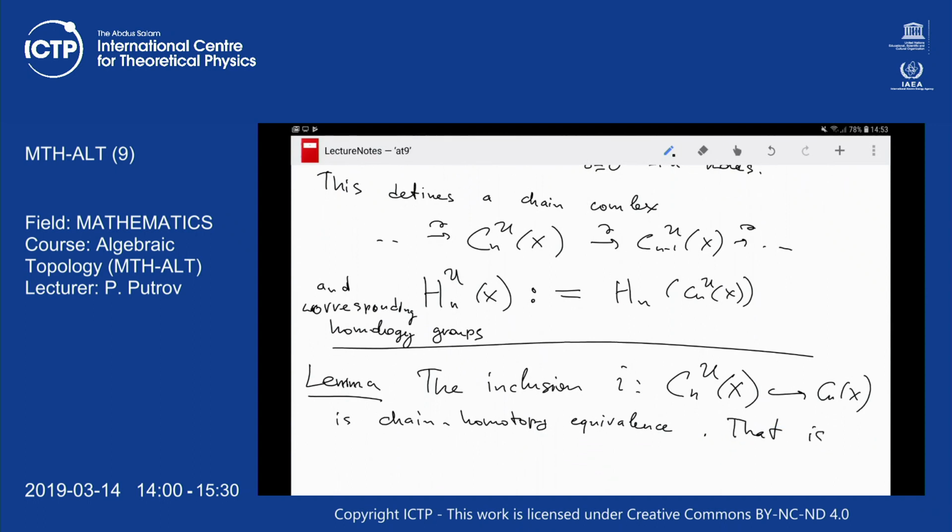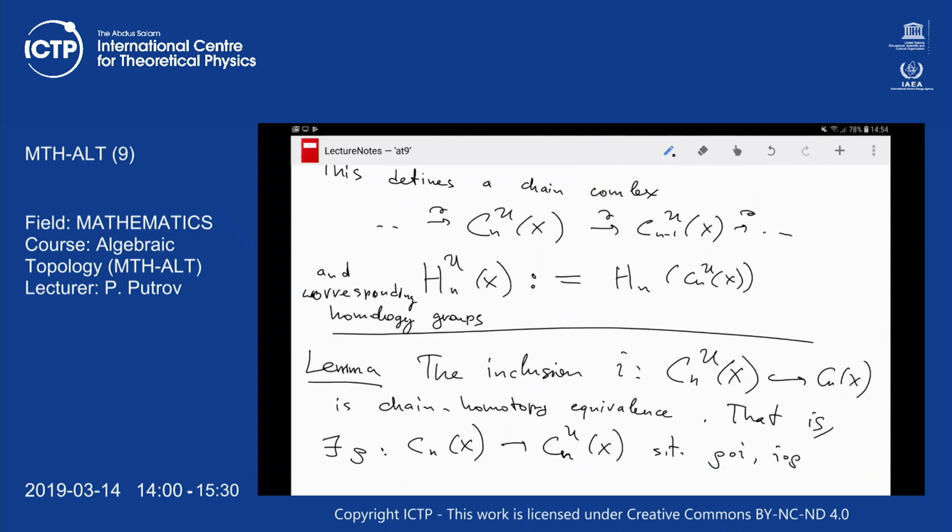That is, what exactly this means, there exists some map rho from Cn of X to Cn^U of X, such that the composition of rho with i, and the composition the other way, are chain homotopic to identities.